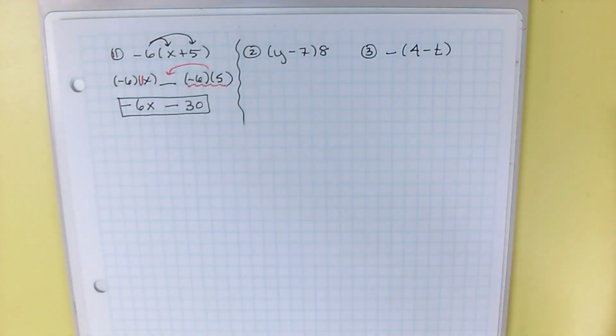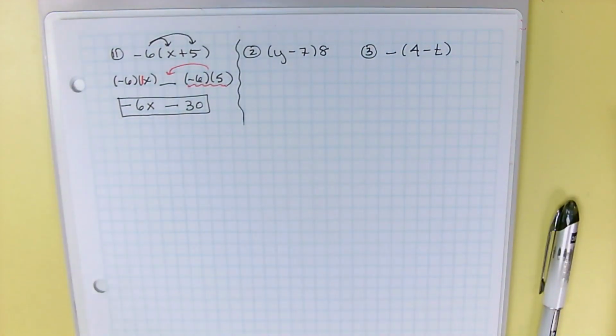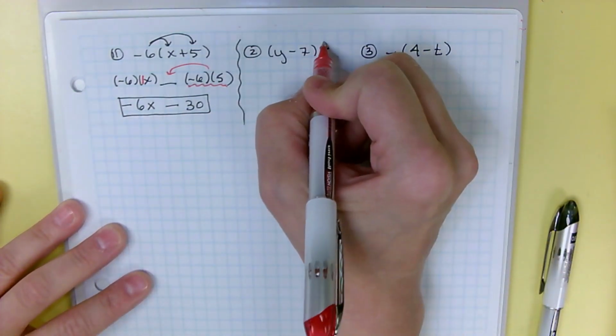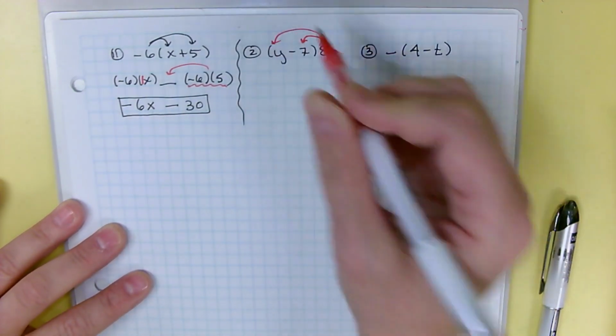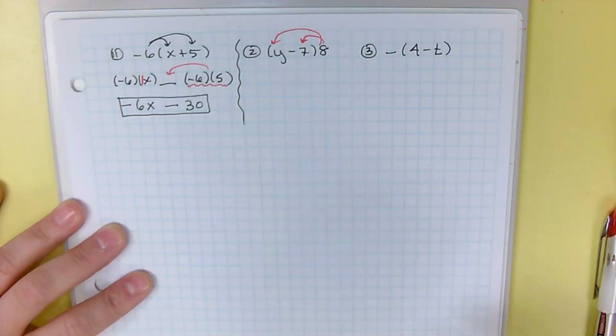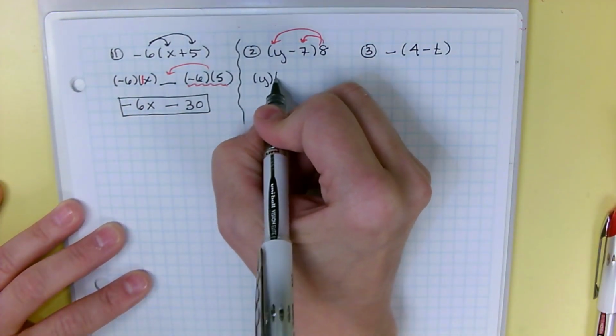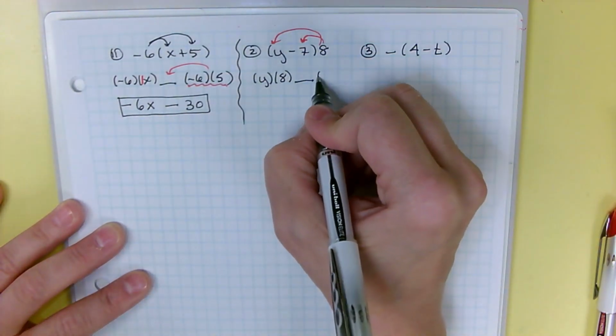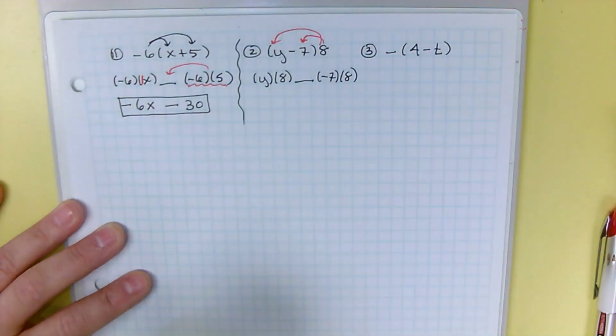This is like the notes, but sometimes it throws people. On number 2, the 8 is attached to the parentheses. If it was +8 or -8, it wouldn't be multiplication. But because it's against the parentheses, you're going to backwards distribute the 8. So you're going to have y times 8, leave a space, -7 times 8.